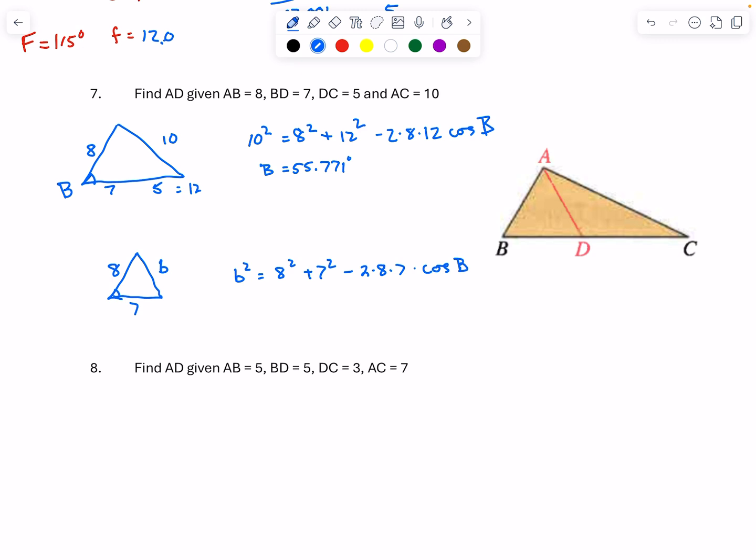Incidentally, since it's cosine twice, there is a little bit of a shortcut you can do. You can just say cosine B, figure out that number and plug it in for cosine of B. Regardless, you get B, which is AD, is 7.07.